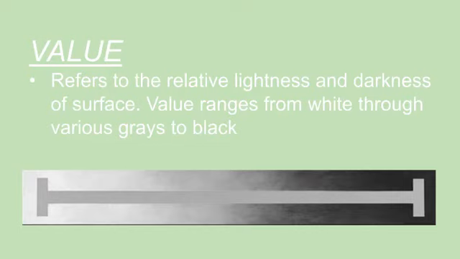Value refers to the relative lightness and darkness of a surface. Value ranges from white through various grays to black. As you can see in the image below, the very middle bar is what we call a middle gray. Middle gray simply means you have 50% white plus 50% black. It's the very middle grade value.